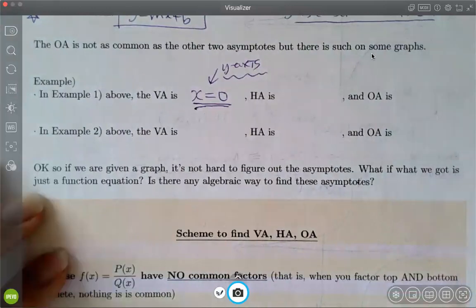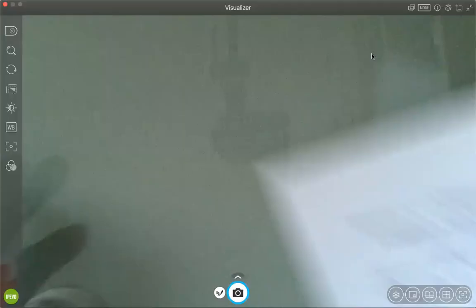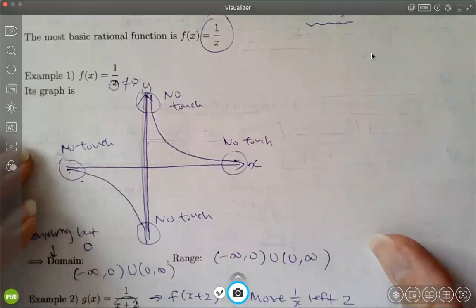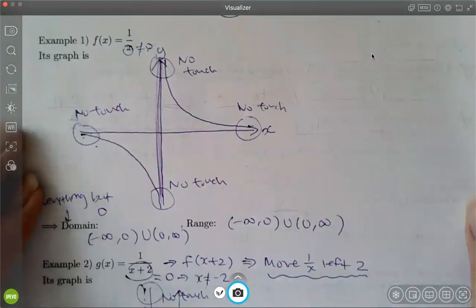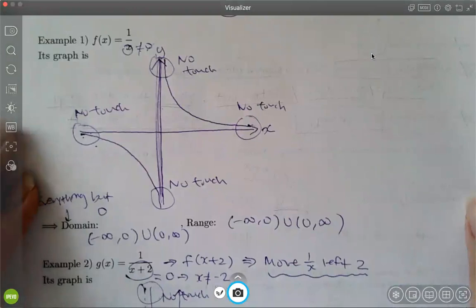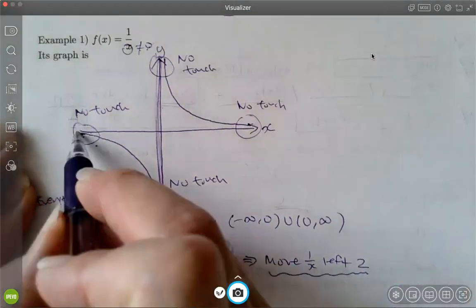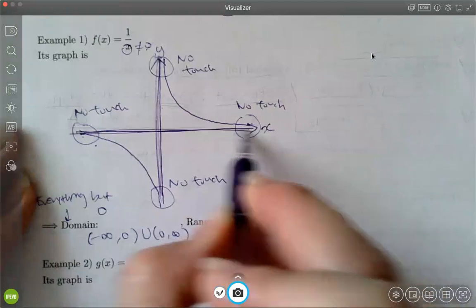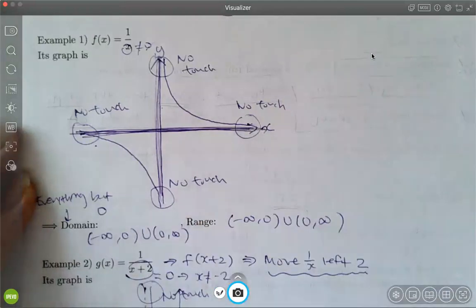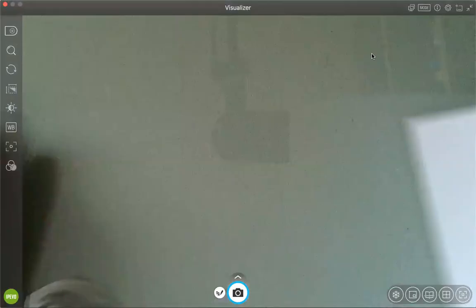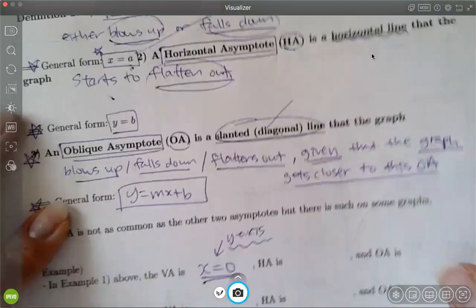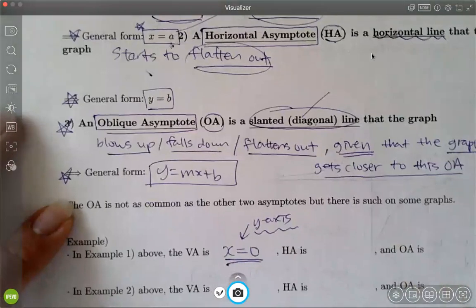Now, is there any horizontal asymptote? The horizontal asymptote means the graph kind of looks like a horizontal line, right? So do we have any such horizontal line? Yeah, it's this one, which is the x-axis, right? But just like the vertical asymptote, the horizontal asymptote has the specific form y equals some number.